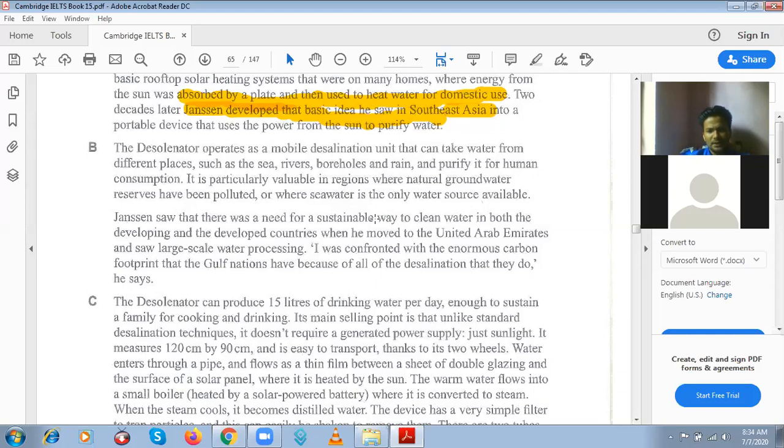"I was confronted with the enormous carbon footprint that the Gulf nations have because of all the distillation that they do," he says. This was seen in the Gulf nations.